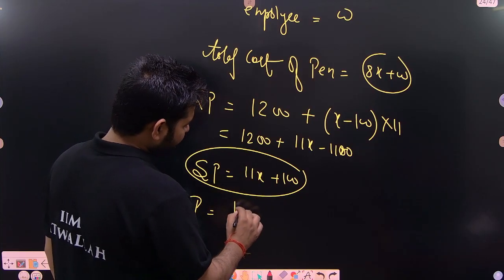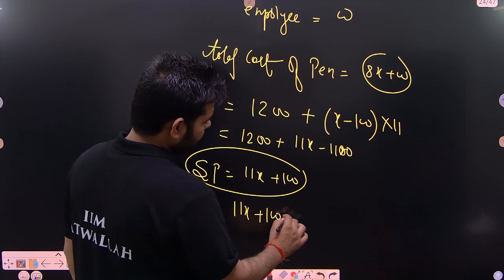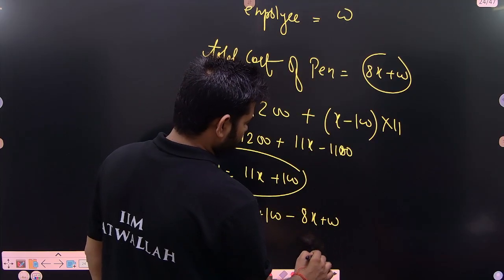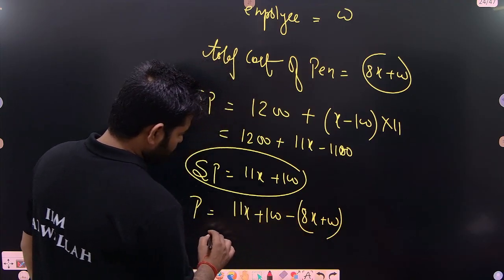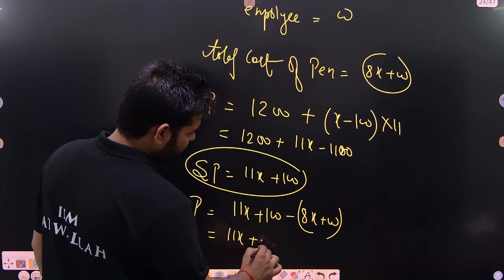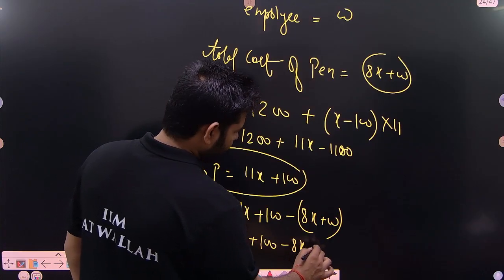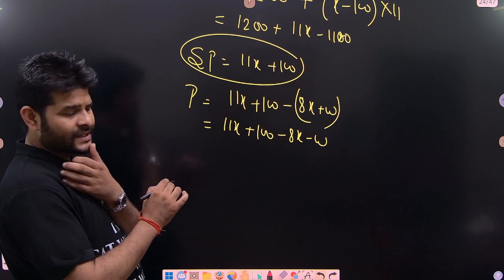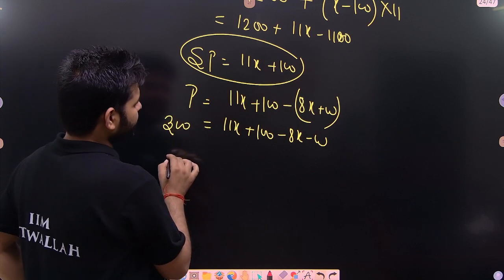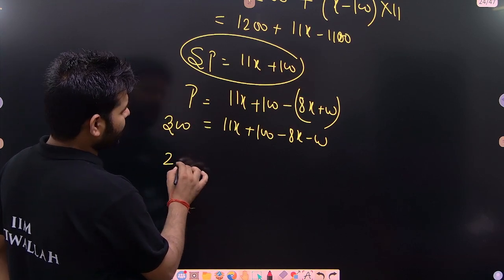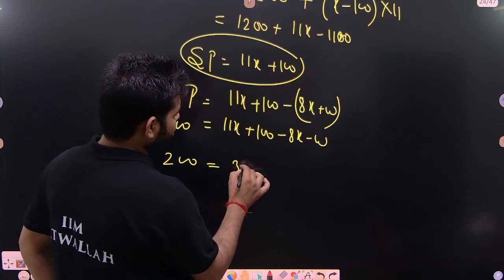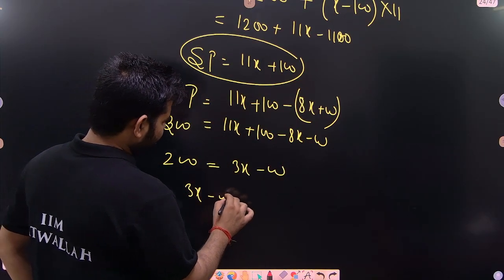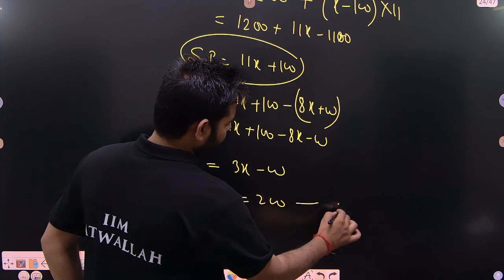SP is 11x plus 100, and CP is 8x plus W. So we get 11x plus 100 minus 8x minus W equals 300, so 200 is equal to 3x minus W. This is our first equation, equation number 1.